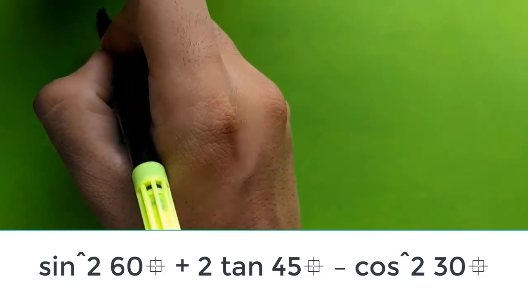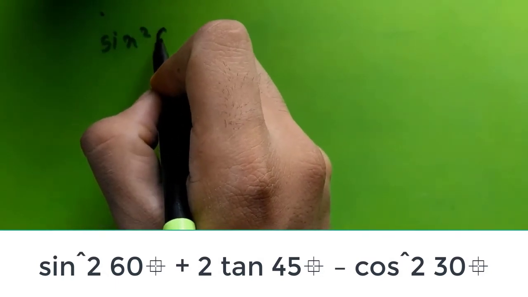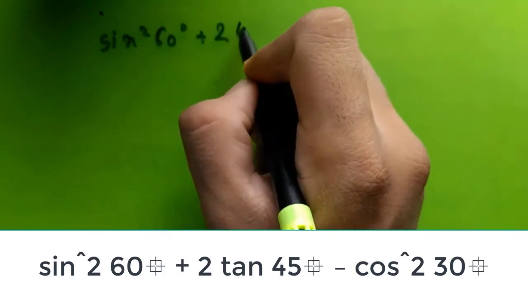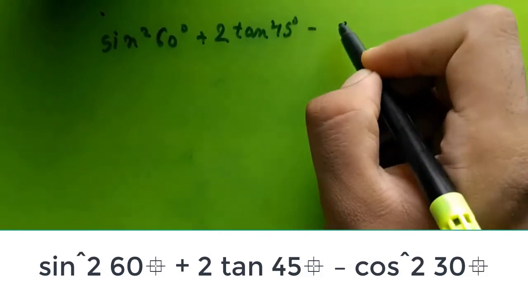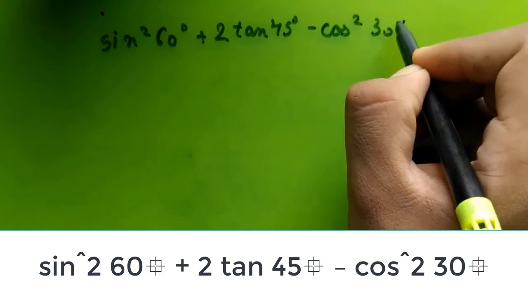Next question. Evaluate sin square of 60 degree plus 2 times tan of 45 degree minus cosec square of 30 degree.